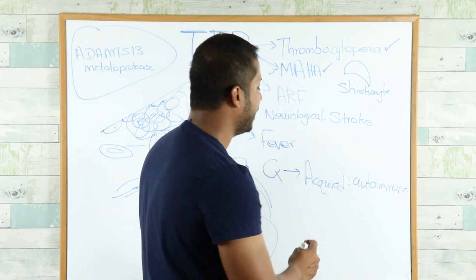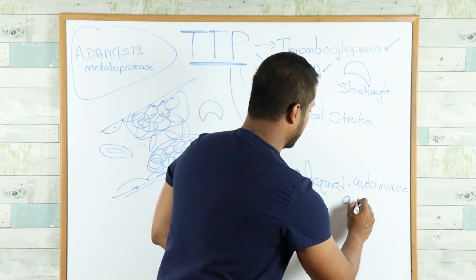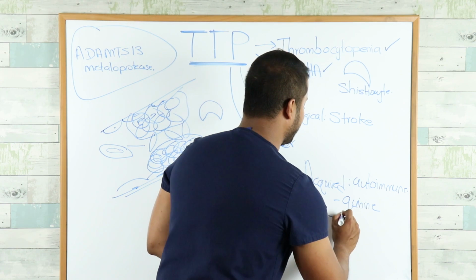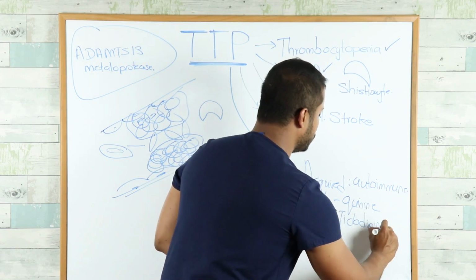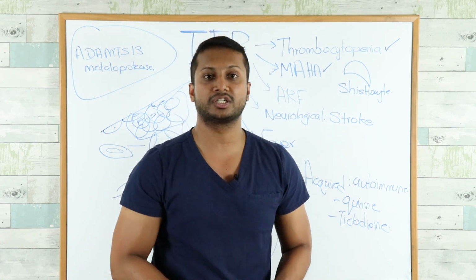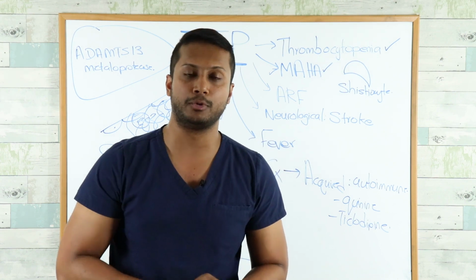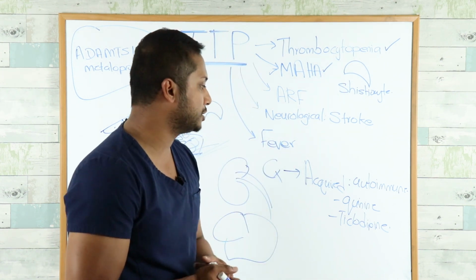So what drugs are actually linked to this condition? You have drugs such as quinine, an anti-malarial. You also have a medication known as ticlopidine. As you see, we don't use it very often because the risk of TTP is very high. Ticlopidine was actually an ADP receptor blocker, also known as your P2Y12 inhibitor, right? So ticlopidine can actually cause it too.